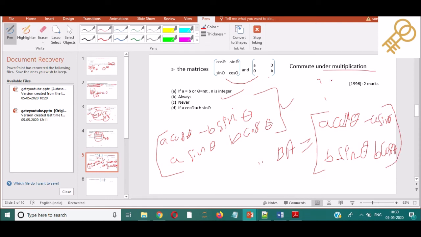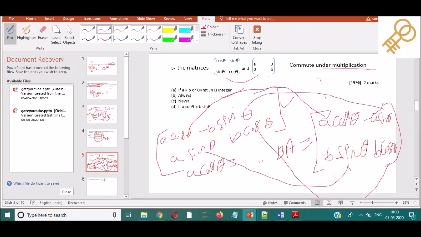If both are equal, then we can tell that A cos theta is equal to A cos theta. This is correct, right? Now minus B sin theta is equal to minus A sin theta, we can tell, right? And A sin theta is equal to B sin theta also, and B cos theta is equal to B cos theta also.